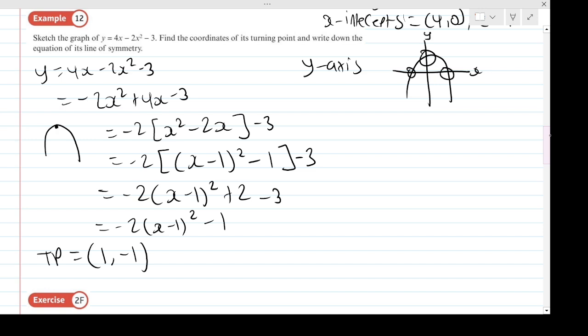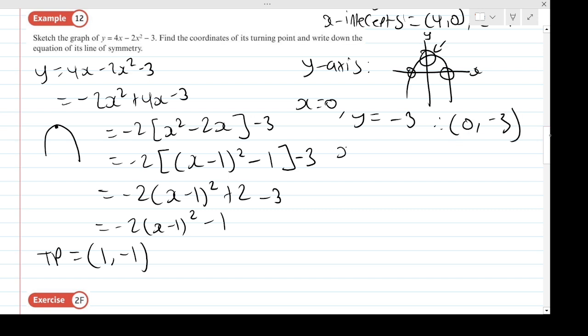So the y-axis intersection is going to be when x is 0, which corresponds to this point here. When x is 0, then y is going to be minus 3, isn't it? If I set 4x to be 0 and 2x squared to be 0, I'm left with minus 3. So y is minus 3. Therefore, the point is 0, minus 3.